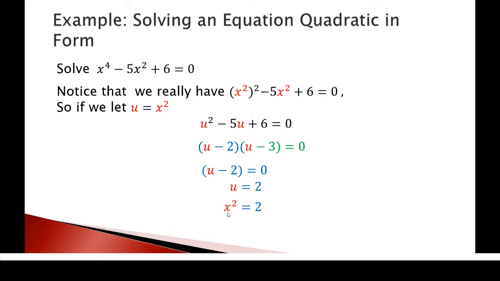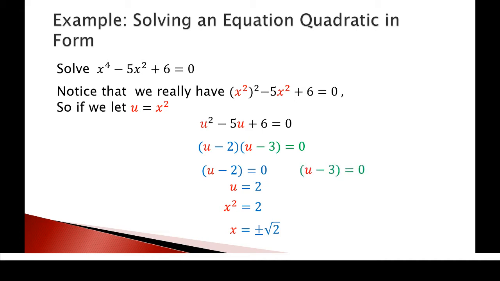Now you can substitute x squared for u again, because in our original equation we have terms in x, not in u. So we need to put the answer in x. So if I substitute x squared for u, then x squared is equal to 2, which gives x is equal to plus or minus root 2.